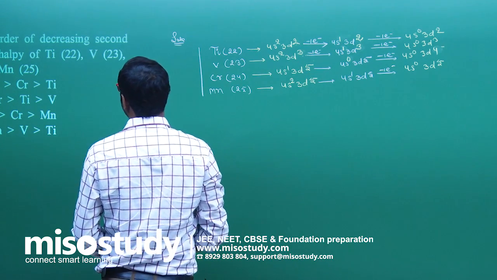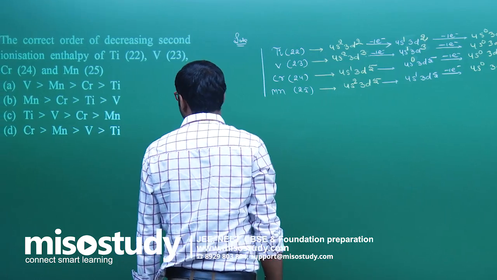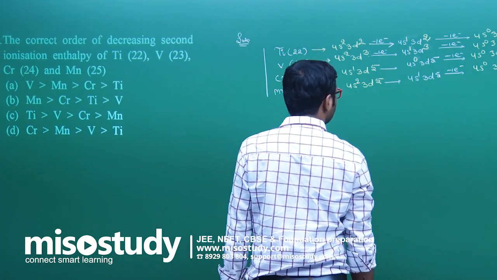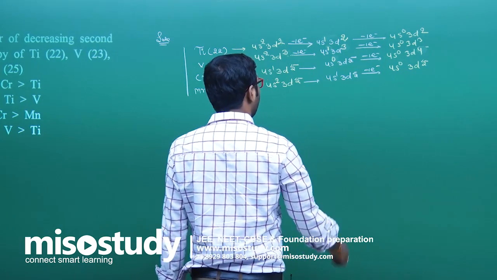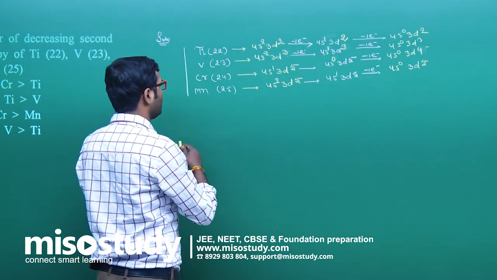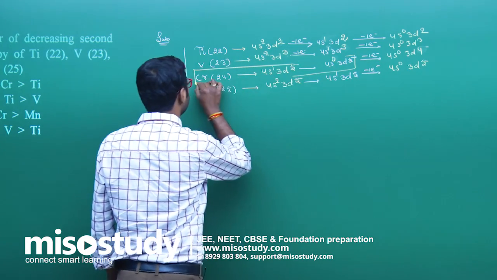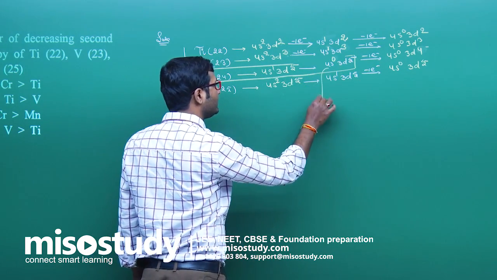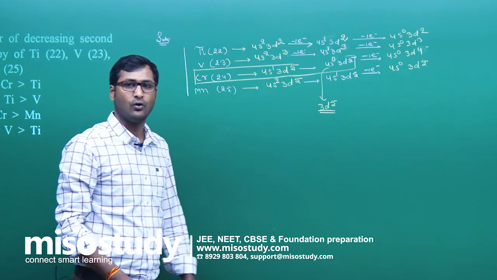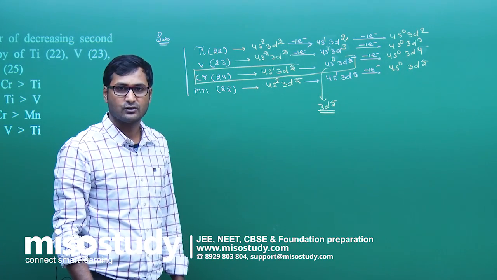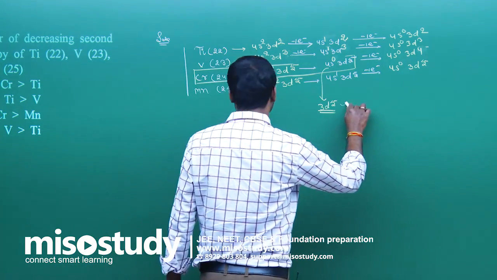Now they are asking the correct order of decreasing second ionization energy. Now tell me, what is the correct option? When we consider chromium, after releasing one electron it has the electronic configuration 3d5, half filled. Half filled configuration is more stable, so it requires the maximum amount of energy to release the next electron.